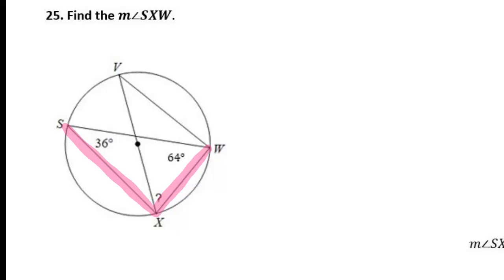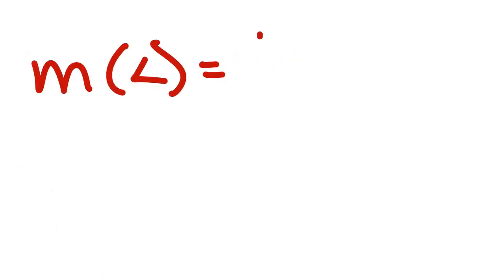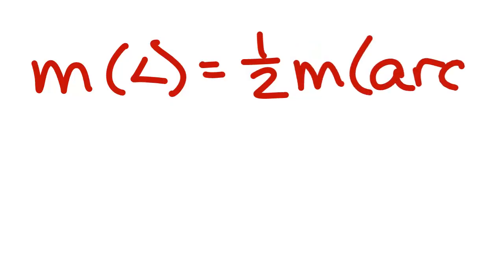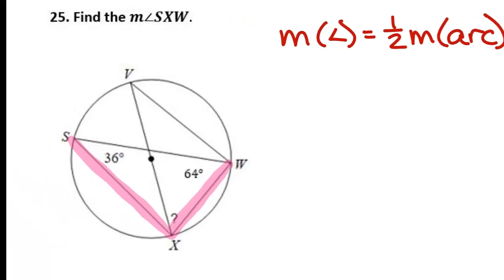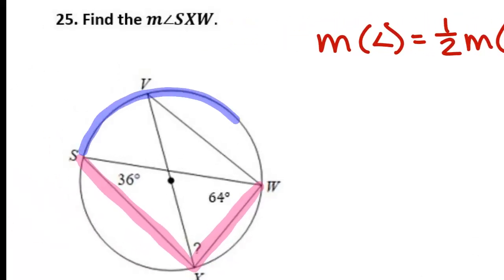And the rule that we had for that when we were studying circles is that the measure of the angle is equal to half the measure of the arc. So if I knew how big this arc was right here, I could cut it in half and I would know how big the angle is.